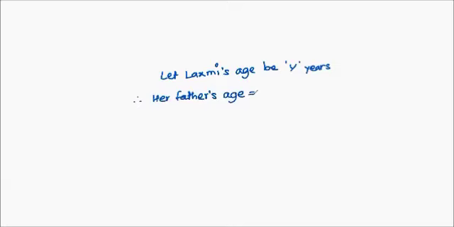Older means more. So 4 years older, plus 4. 4 years older than 3 times Lakshmi's age. So 3 times means multiplication, y. Lakshmi's age is y. 3 times y plus 4 is equal to her father's age. But the father's age is given as 49. So 3y plus 4 is equal to 49 is our equation.